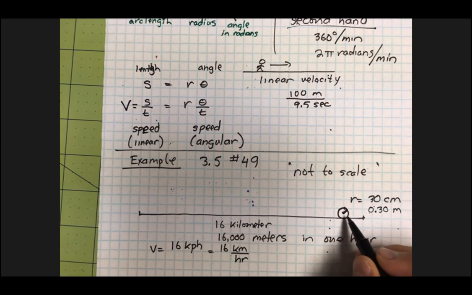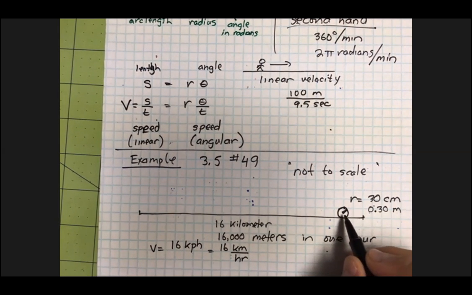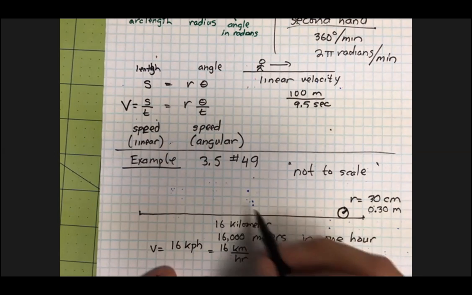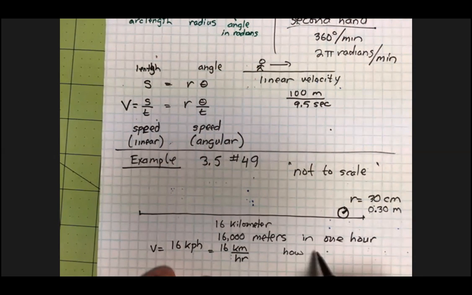How many times did that bike tire rotate in 16 kilometers? I could calculate that just by saying, how many rotations did the bike tire make?